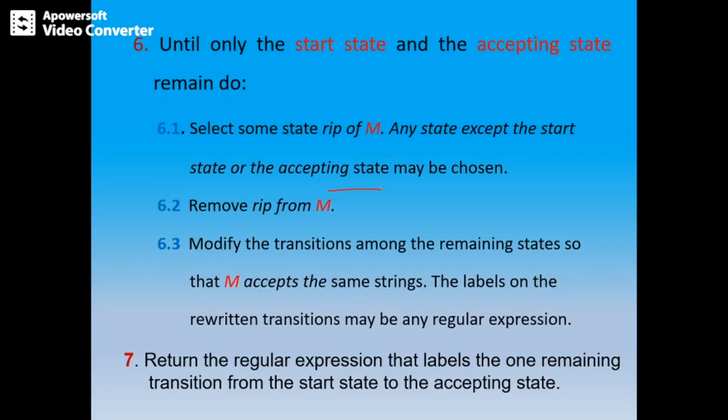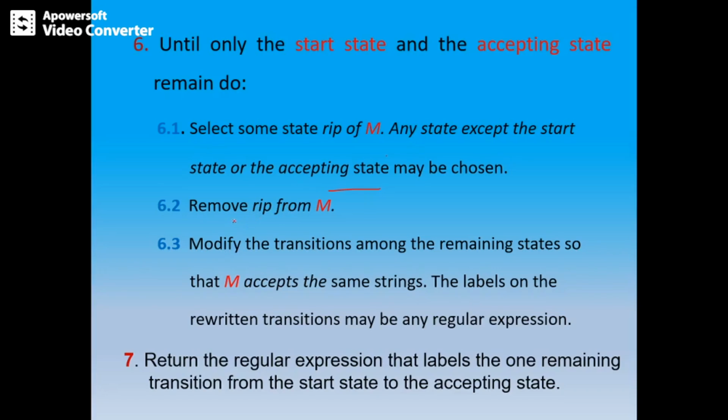You can rename it as rip for that moment, because you are going to remove it. So while choosing a state for rip, you can't choose the start state or the accepting state.